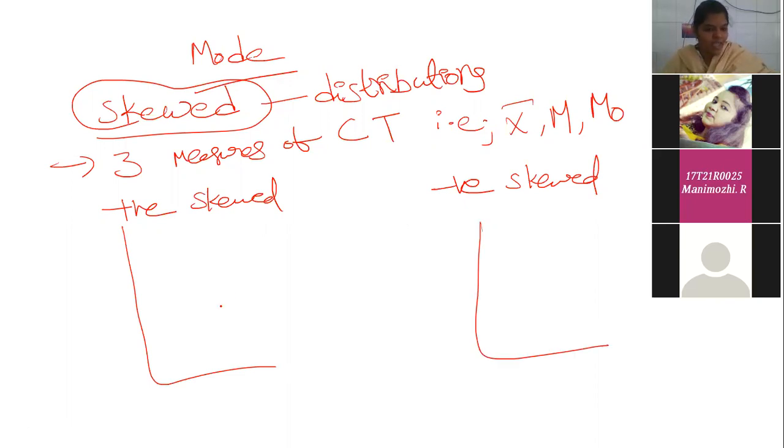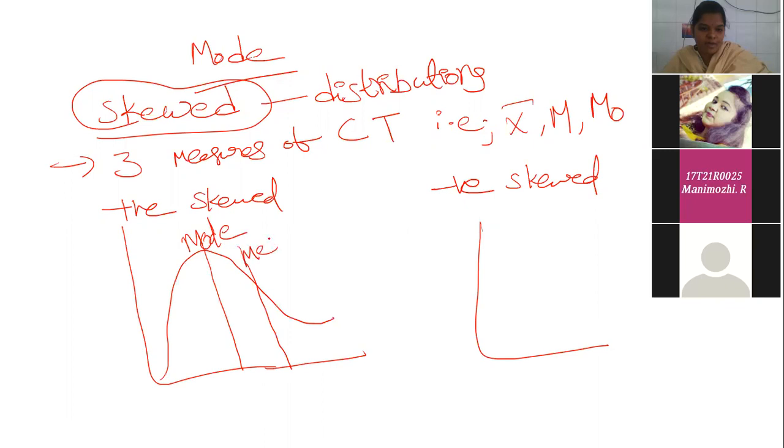If it is a positively skewed distribution, how will the mean and median be oriented? The highest point will be our mode, here it is the median, and here it will be the mean.